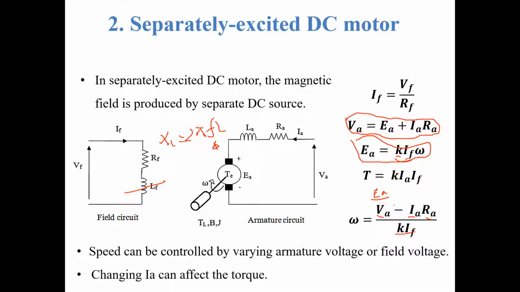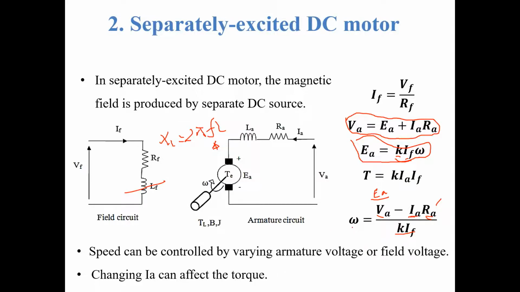So these are the variables on which the speed depends. RA is constant; unless you deliberately insert a resistor, you can't vary RA. And VA is also constant. So most of the variables are constant here.